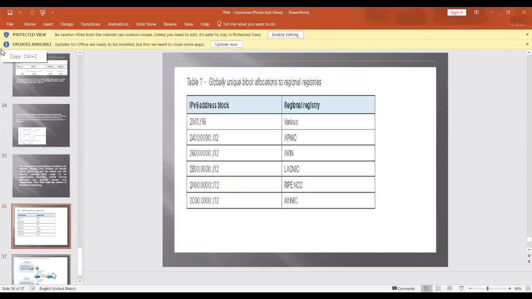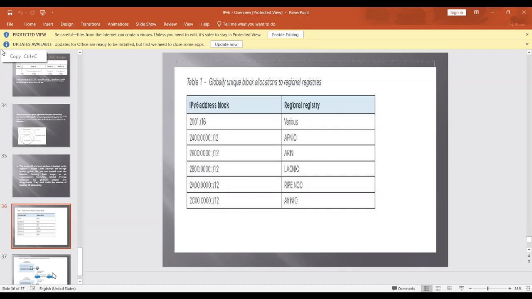These are the globally unique block allocations to regional registries. You know that there are many internet registries. For Sri Lanka, it is the Asia Pacific region, so we belong to that area. Likewise, for different regions, there are IP address blocks for different ISPs.